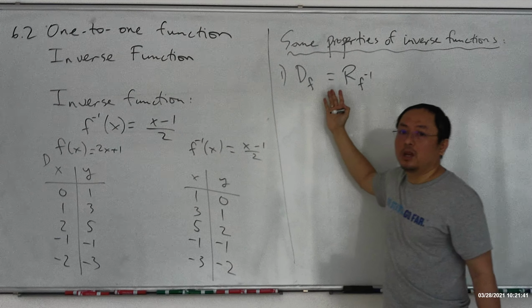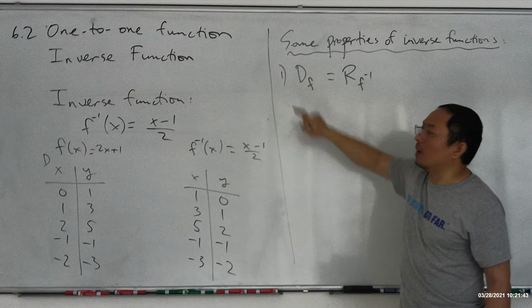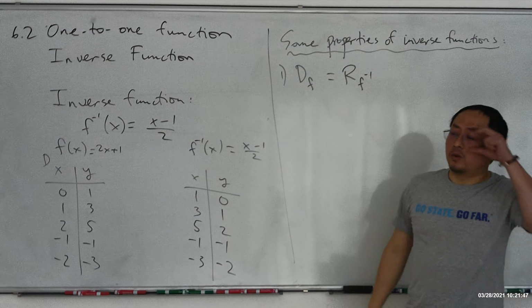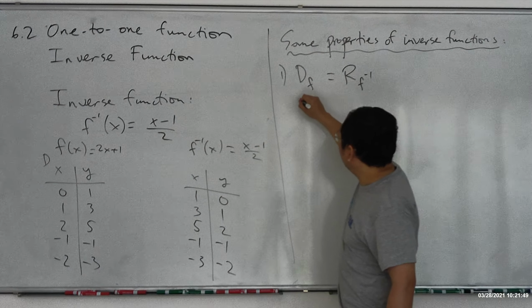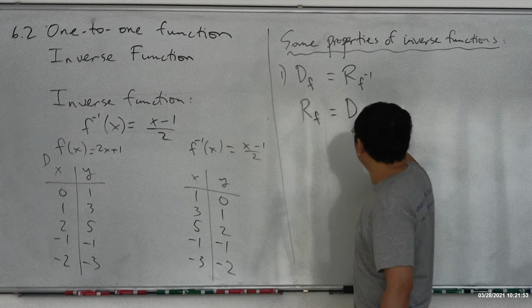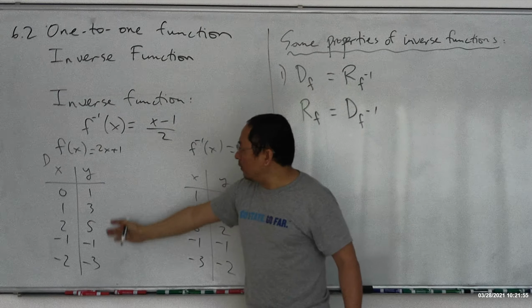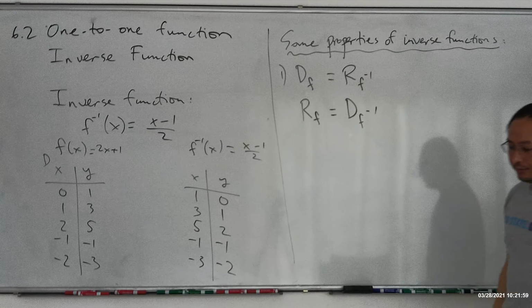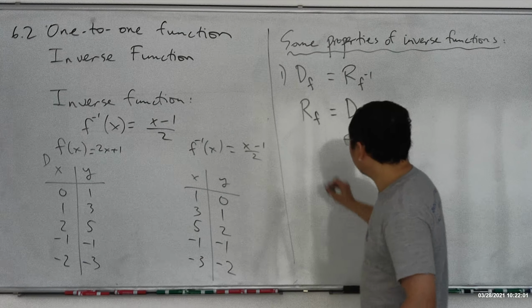You see, because we interchange the roles, right? Whatever you plug in for the original function will be the output for the inverse function. And the range of the original function f is equal to the domain of the inverse. Whatever the output of the original function is becomes the input for the inverse. Okay, that's the first property.